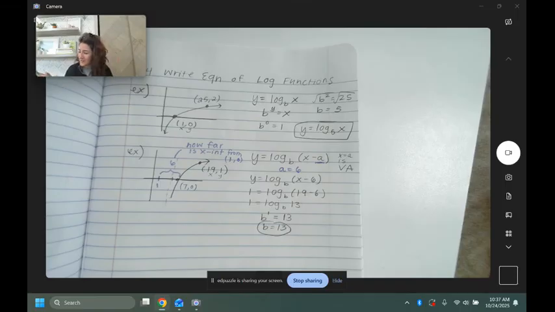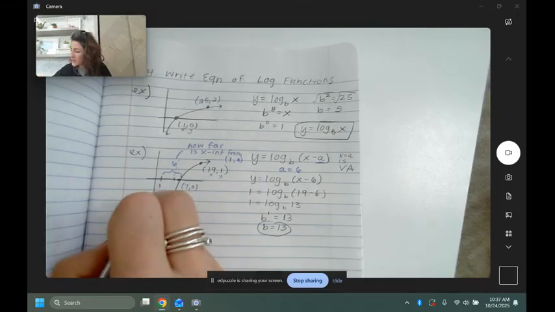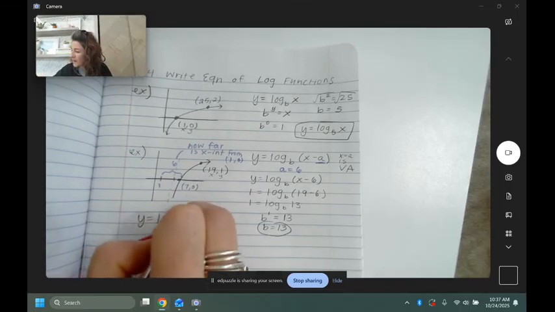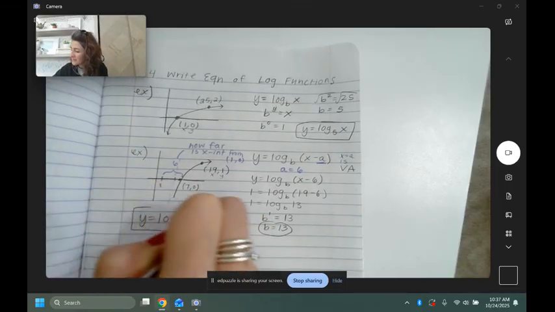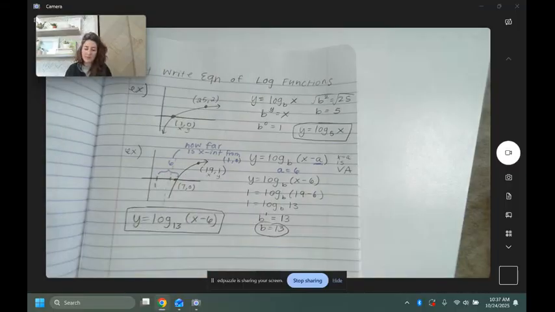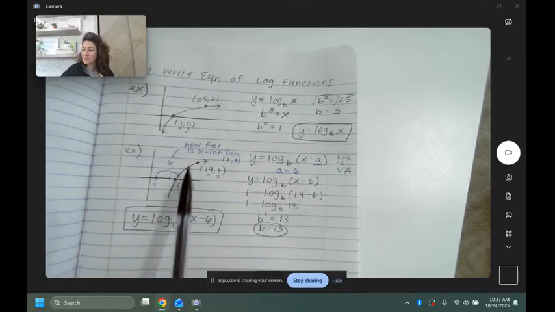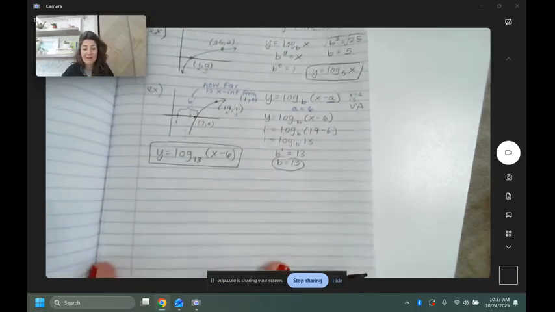But b is 13. So now I've got enough to write my equation. y equals log base 13 of x minus 6. On these questions, if you ever wanted to check your work, you could plug this into Desmos and see if these 2 points are on the graph you graph.